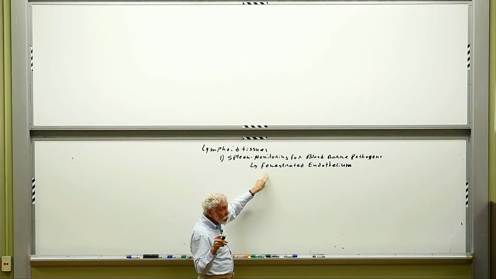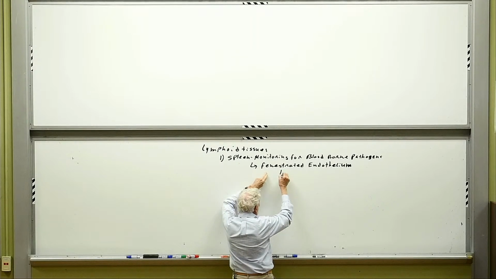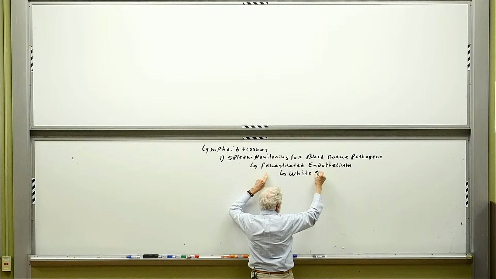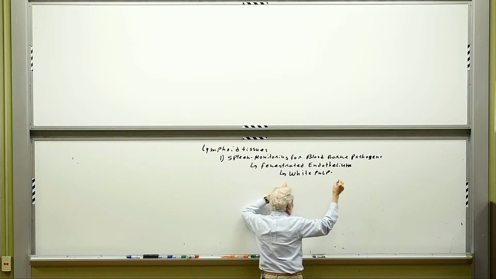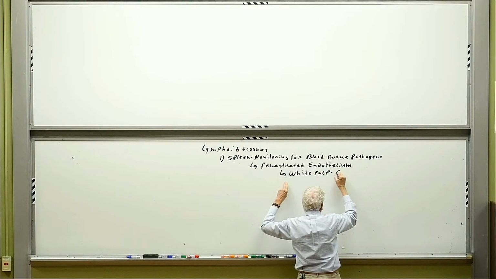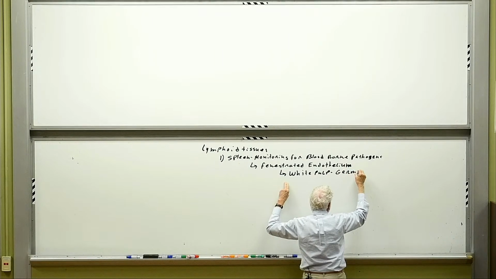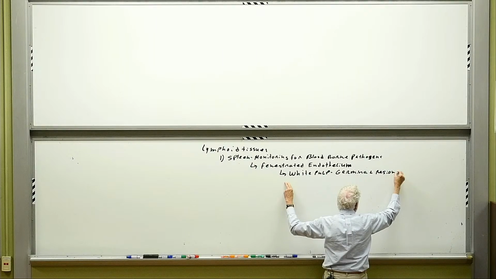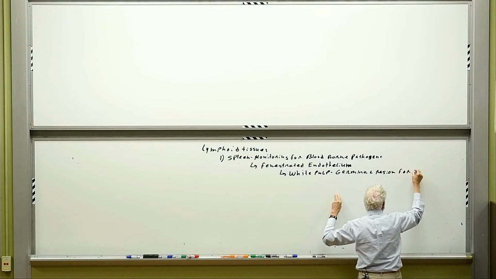And then in the extracellular space, we're going to find regions known as the white pulp. The white pulp is, in fact, something called a germinal region for cells of the immune system.